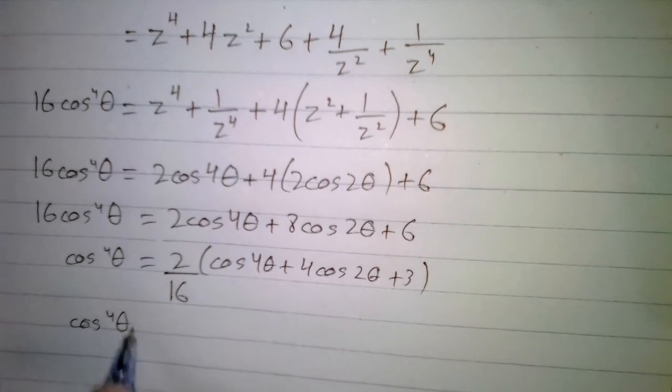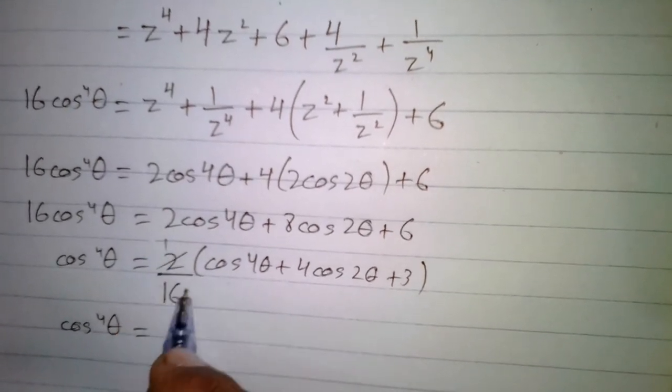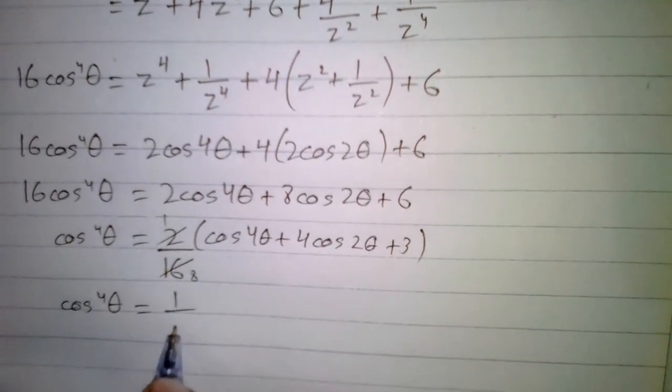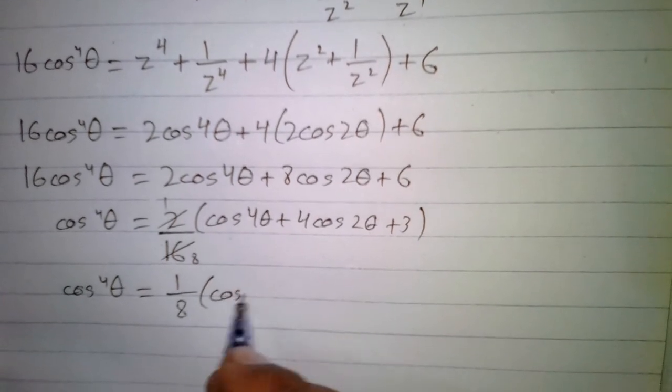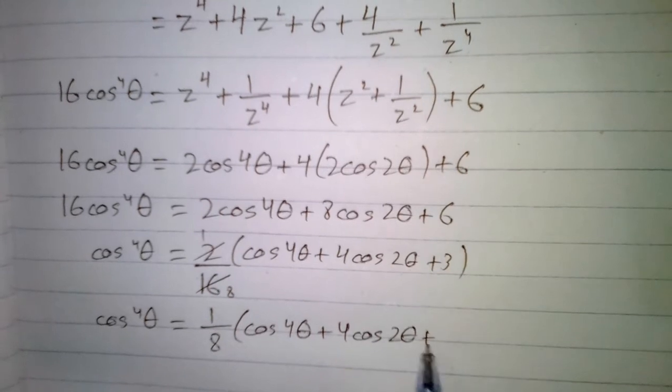So we have cos^4 theta is equal to 2 times 1 is 2 and 2 times 8 is 16, so we have 1 upon 8 times (cos 4 theta plus 4 cos 2 theta plus 3).